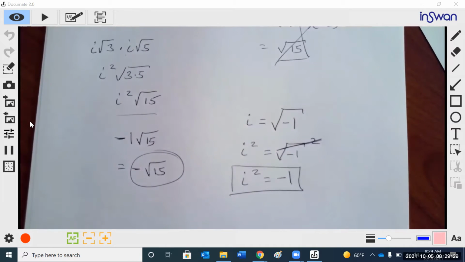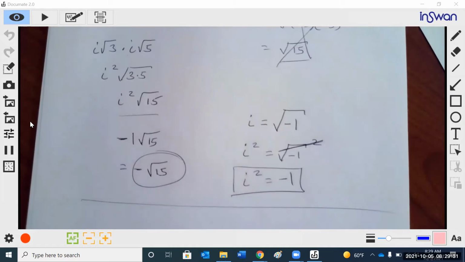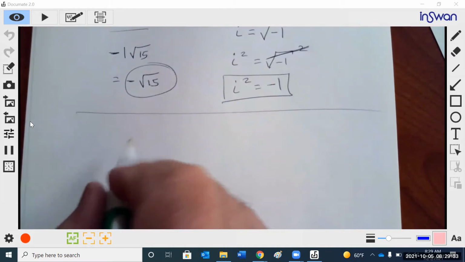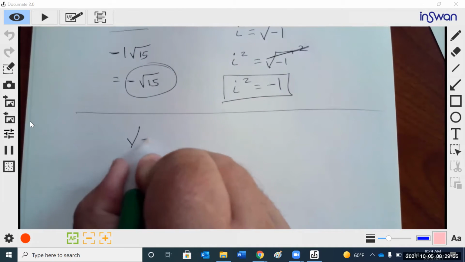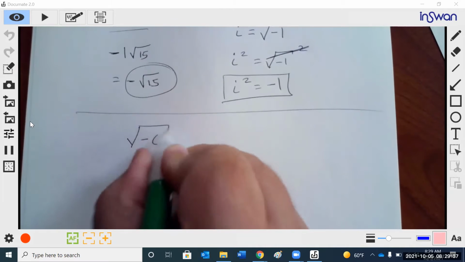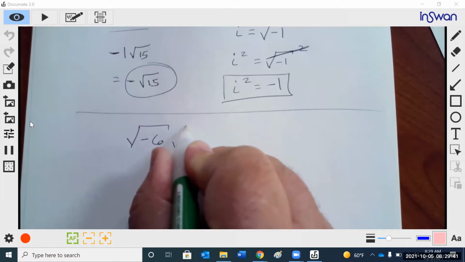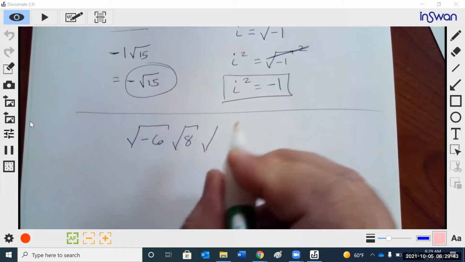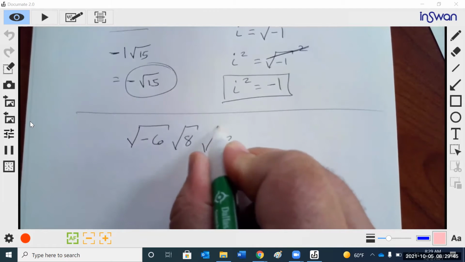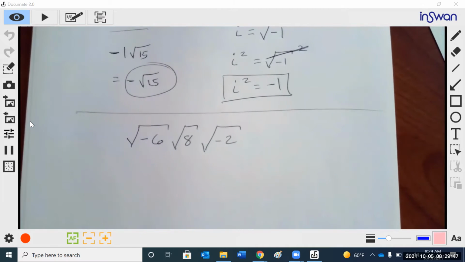It's just that we have to combine it all now and make it mathematical. Work that one out, please: radical -6 times radical 8 times radical -2.